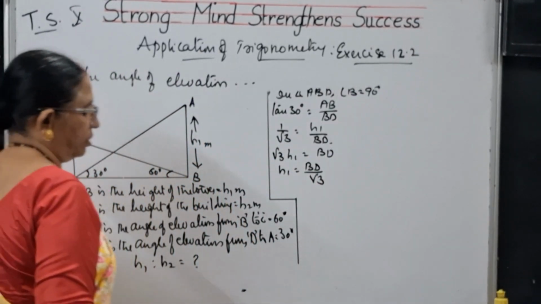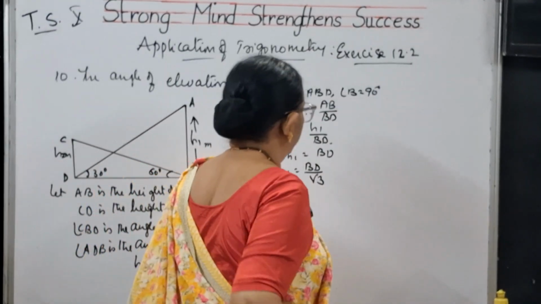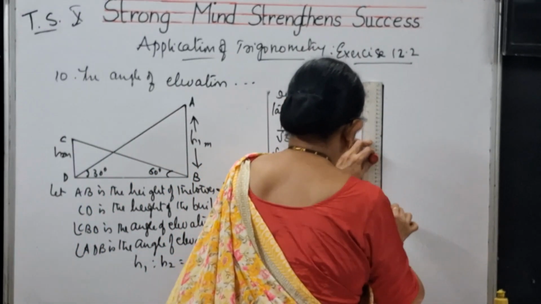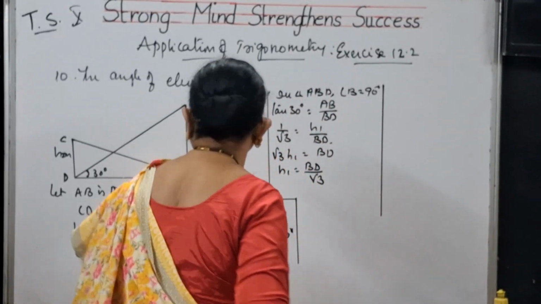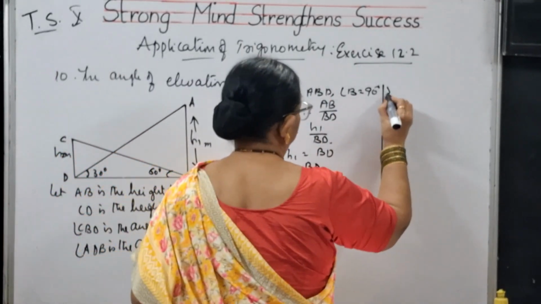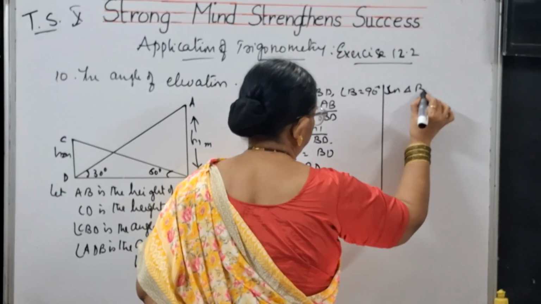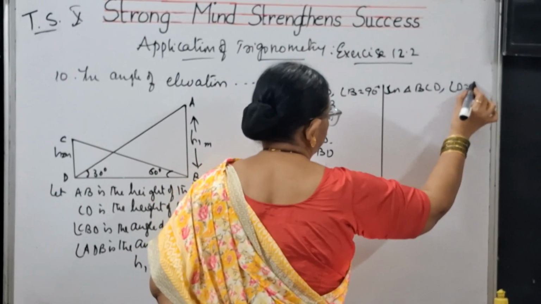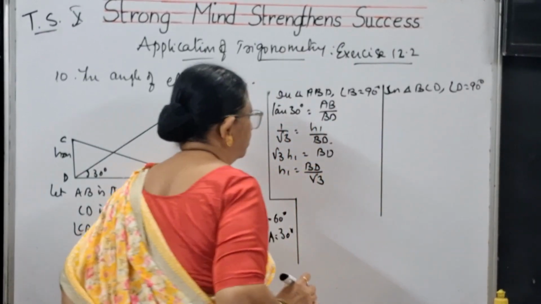That is H1. Now you go to the other triangle, that is triangle BCD. In triangle BCD, angle D is equal to 90 degrees.